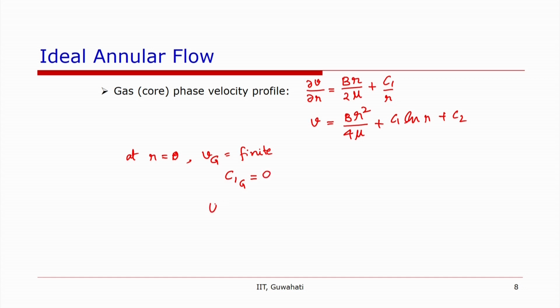So that means we have Vg is equal to BR square by 4μ plus C2G. Okay, fine. So now we need to find out the constant C2G.